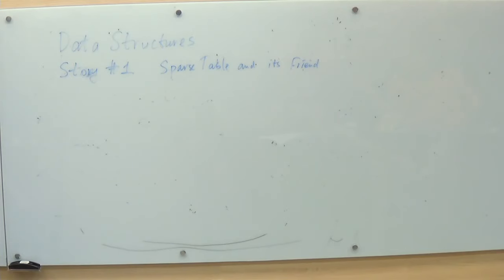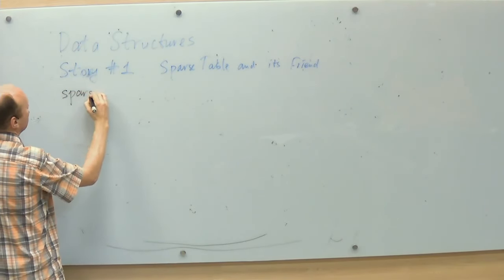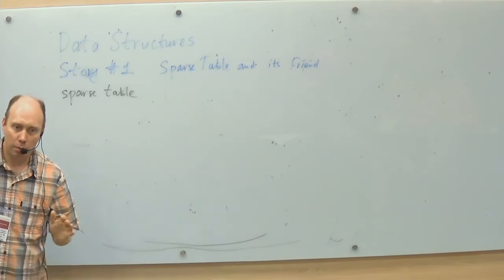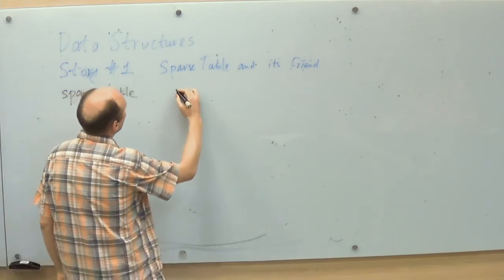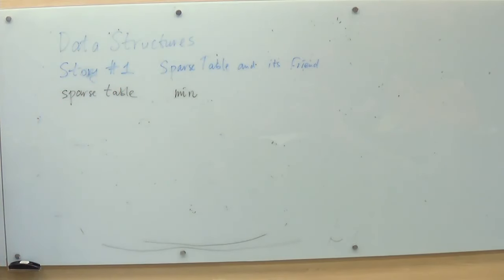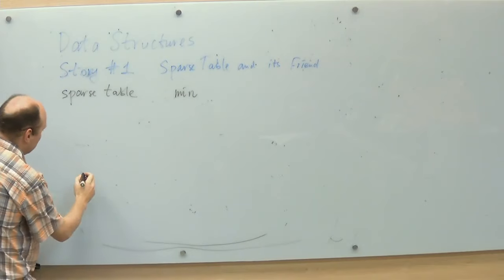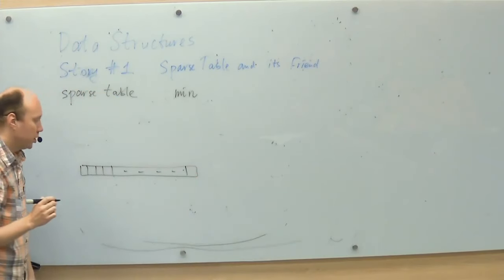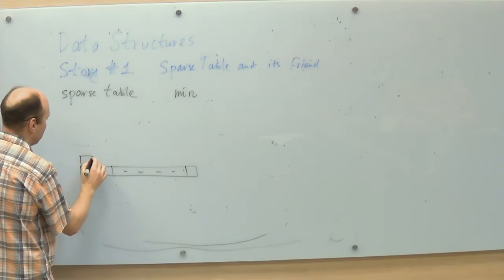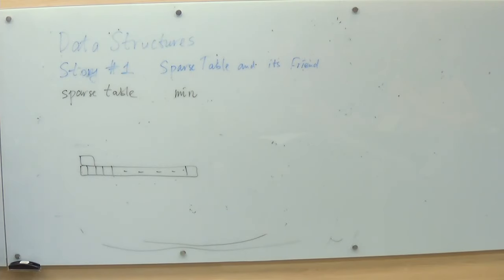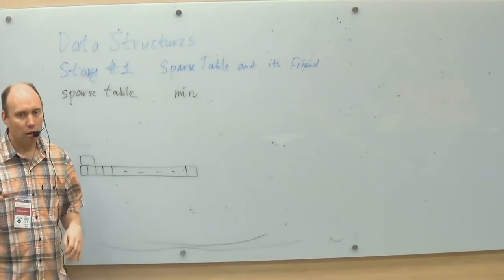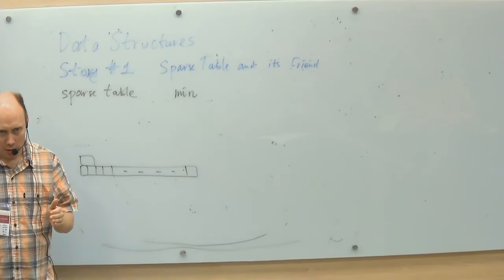What is a sparse table? A sparse table has the following structure. Suppose you have some operation, for example, minimum. Let's make single element segments. Then let's make two element segments. But unlike a segment tree, we will not make non-overlapped two element segments, but we will consider all two element segments.